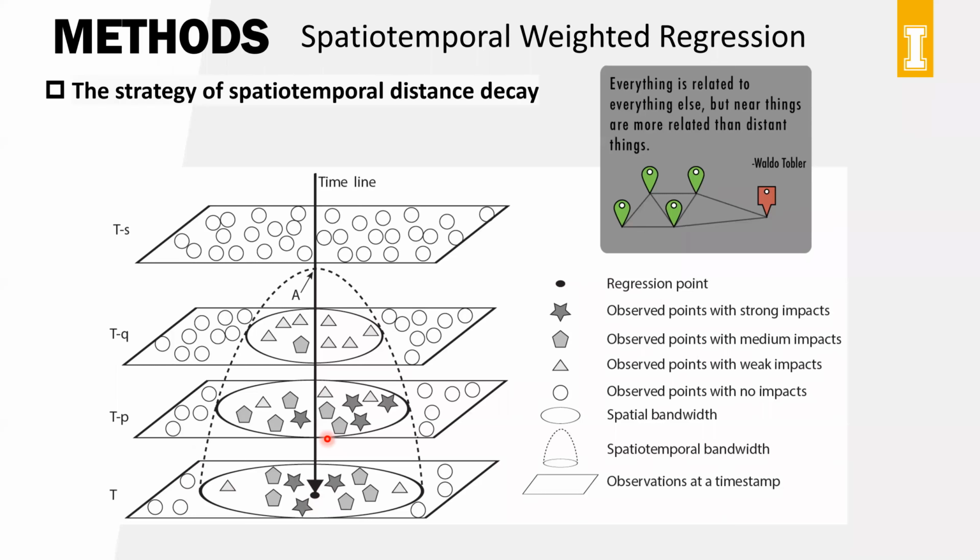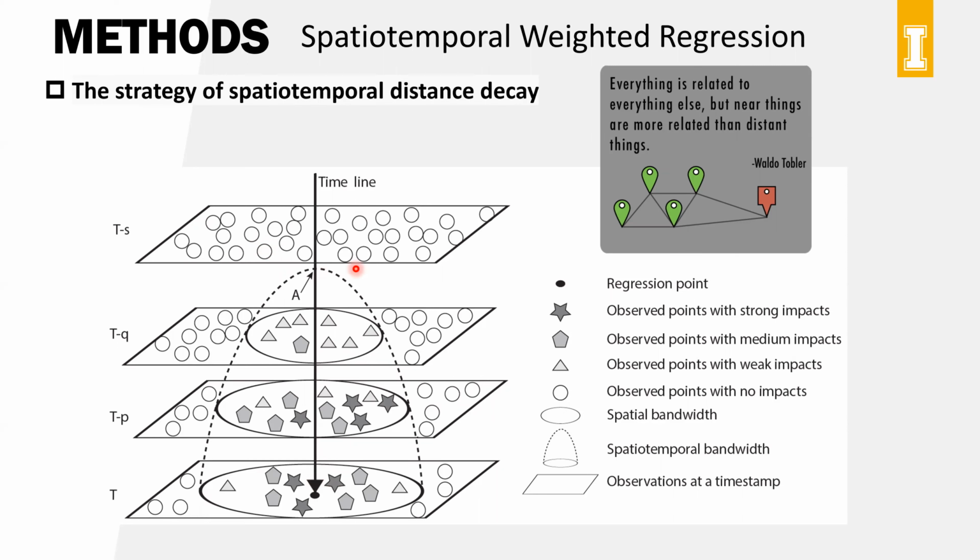Here are the four time slices. T is the present time, and T minus P, T minus Q, and T minus S are the previous times. If we want to solve the regression model for this point, we need to find the range within which the observation data influences the regression point, but outside of this range, the observation points have no influence.